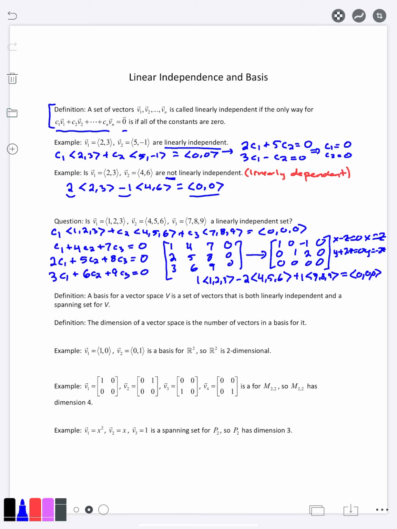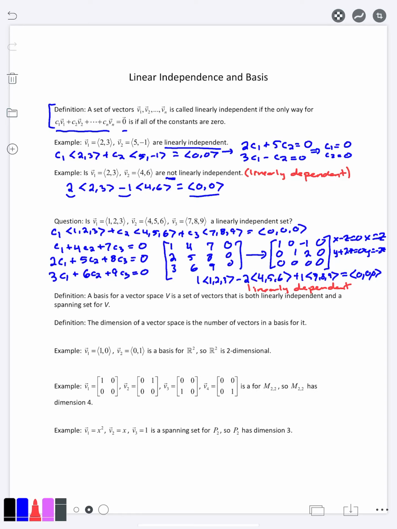Since I found one way that gives me 0 where the constants are not all 0, that means they are linearly dependent. So again, you want to be able to be given vectors and determine if they're independent or dependent. You do that by setting up a system of equations, solving it, and seeing whether there's an answer that's not just 0.